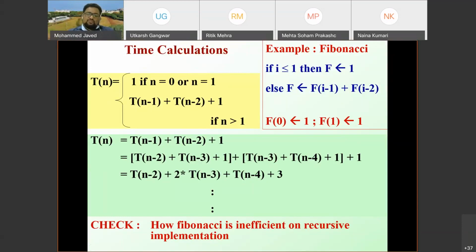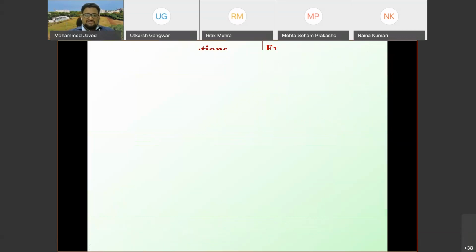So 2 power n, it is in terms of what we call exponential terms. So here check how Fibonacci is inefficient on recursive implementation, so that you can answer this query here.